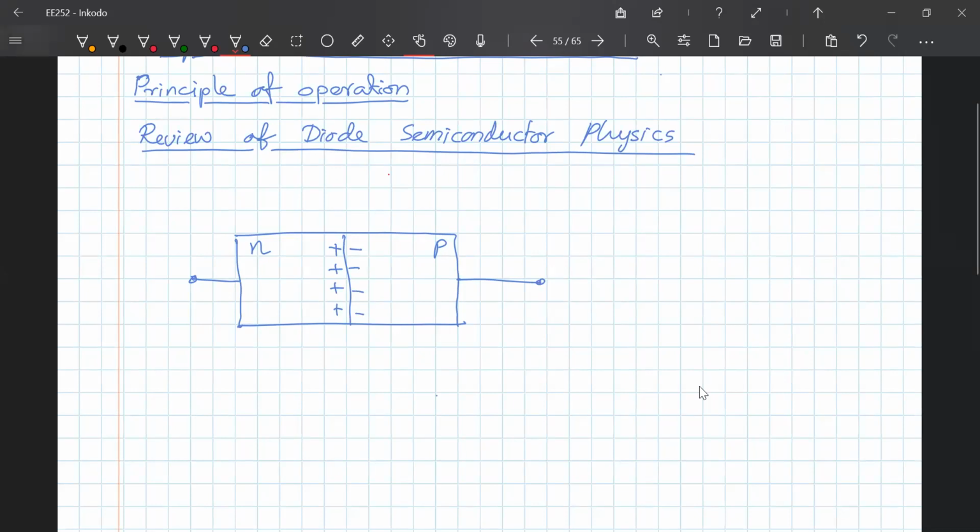Now as more and more electrons cross to the other side, it will develop what is called a charge bilayer, a positive charge on the N side and a negative charge on the P side, because you have more electrons in the P side now than the protons, and less number of electrons in the N side than the protons in the N-type material.